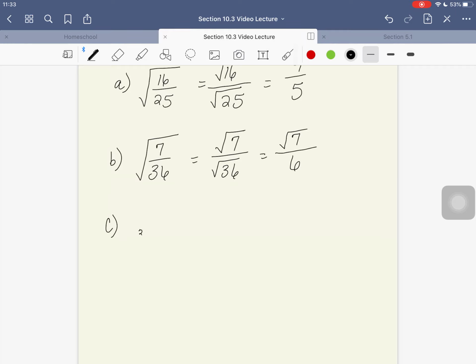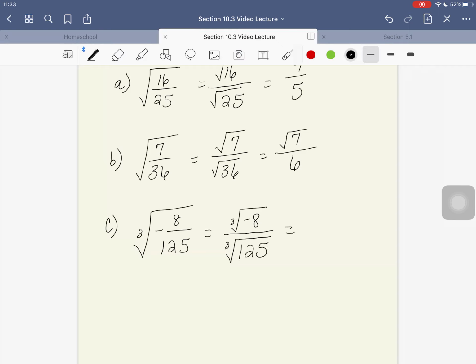All right, the cube root of negative 8 over 125. I can make this the cube root of negative 8, and it doesn't matter where you put that negative, you can go with the numerator or the denominator, over the cube root of 125.